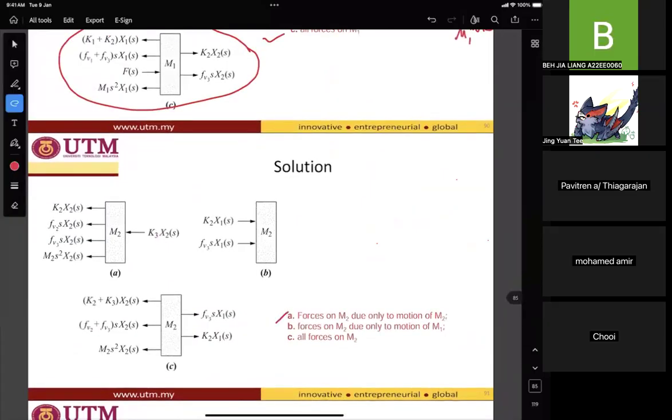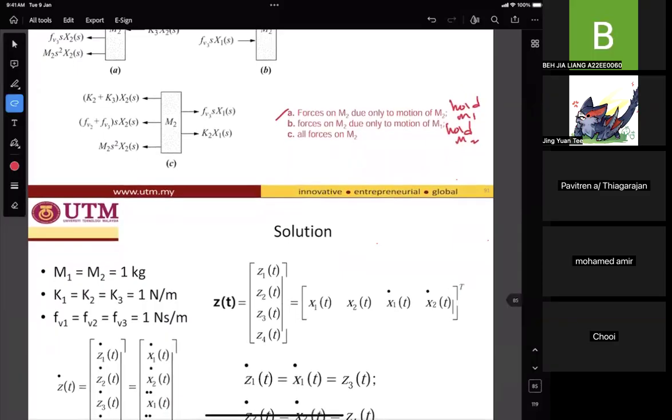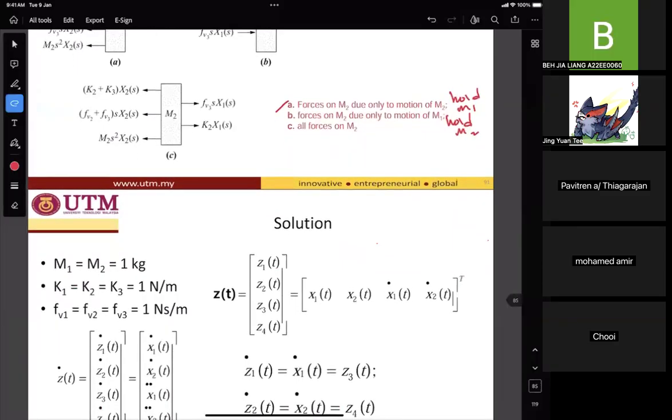Force on M2 due only to the motion of M2, with M1 held. This one is with M2 held. Okay. Then you replace all the values of the mass, of the spring, and of the damper constant.